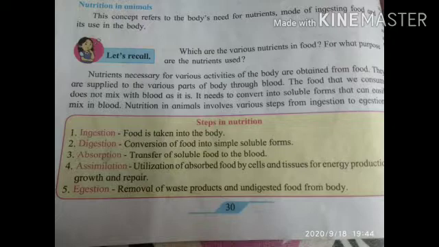Fourth is assimilation, utilization of absorbed food by cells and tissues for energy production, growth, and repair. The last one is egestion, removal of waste products and undigested food from the body.